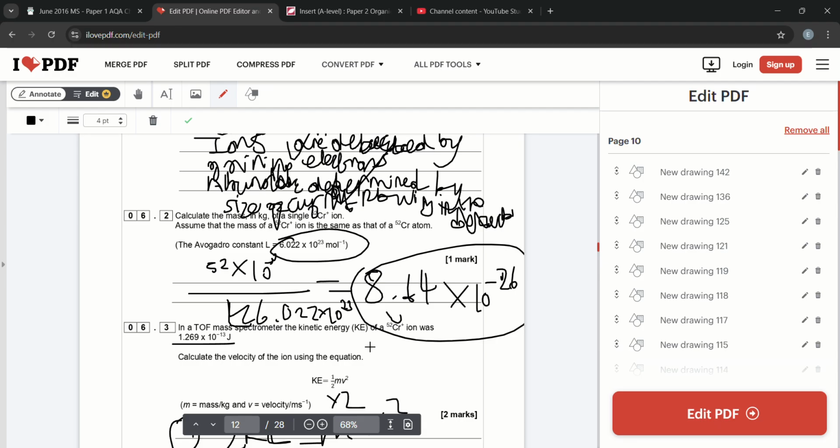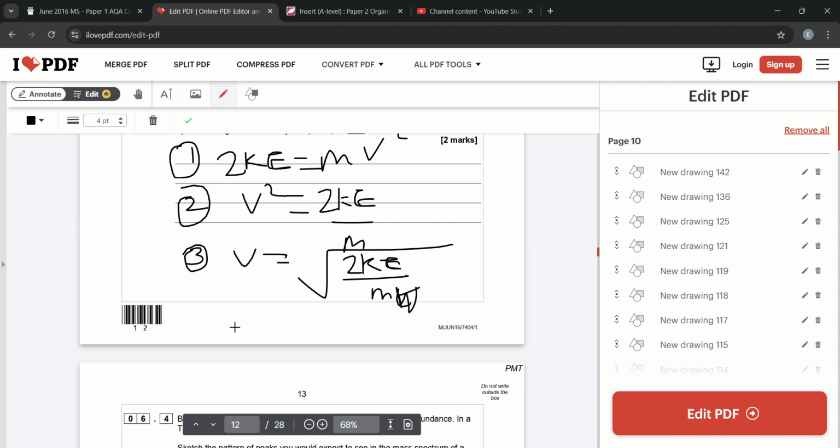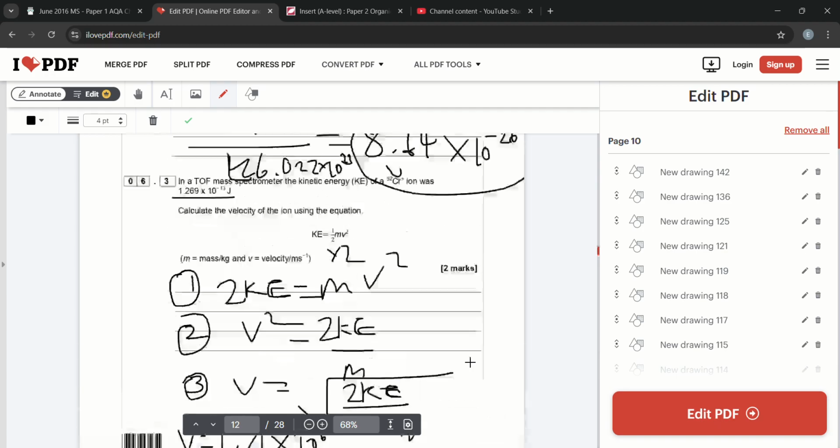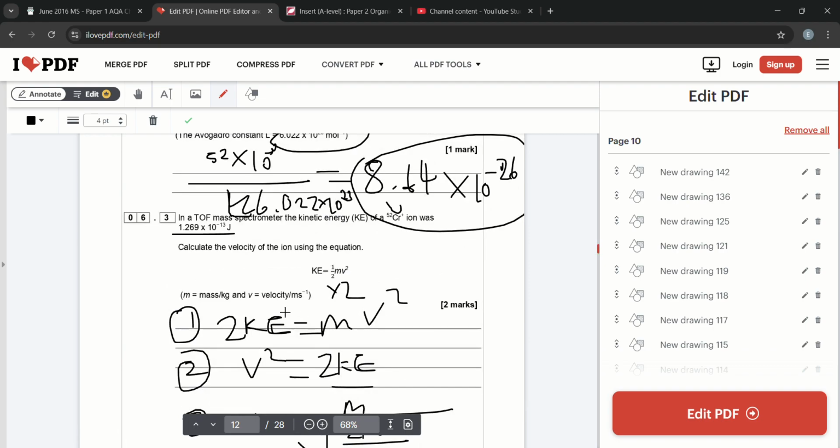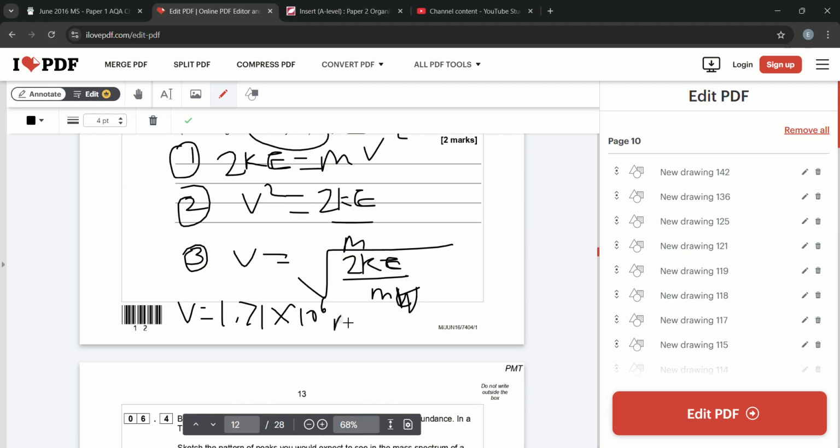That gives a pretty large number, but I'll give it in standard form: 1.71 times 10 to the power of 6, and the units of velocity, which are given in the question: meters per second, ms to the power minus 1.